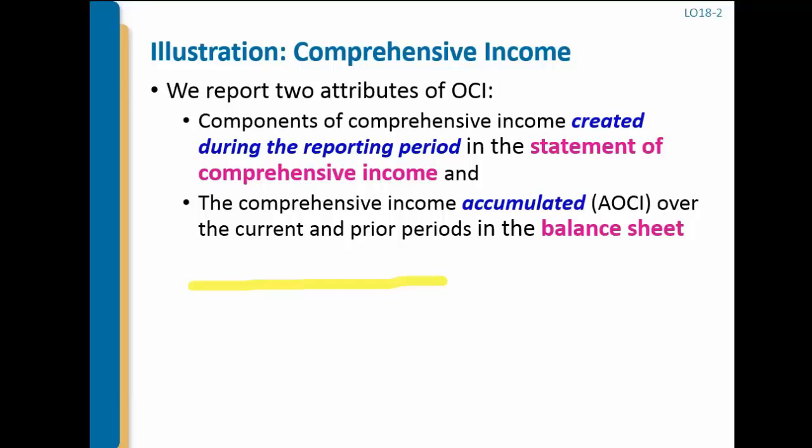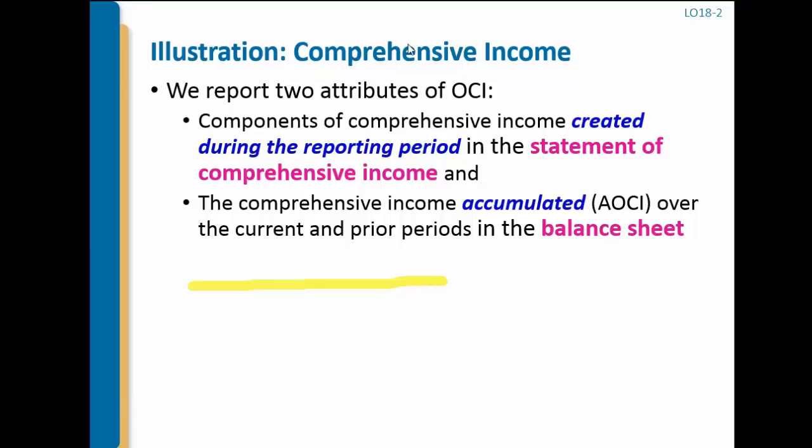We report two attributes of other comprehensive income: components of comprehensive income created during the reporting period in the statement of comprehensive income, and the comprehensive income accumulated over the periods in the balance sheet.